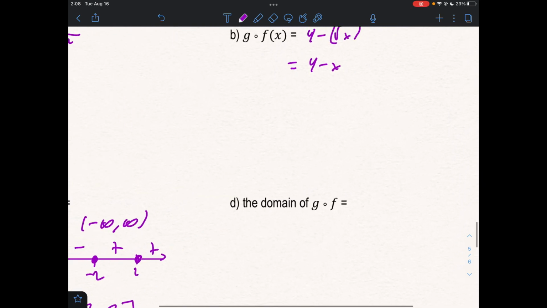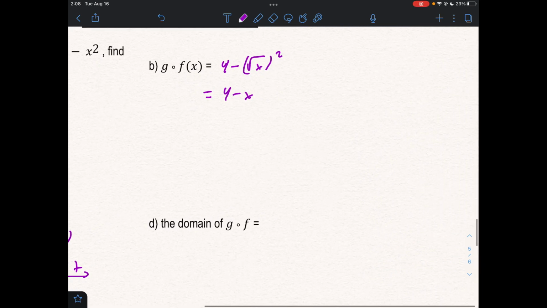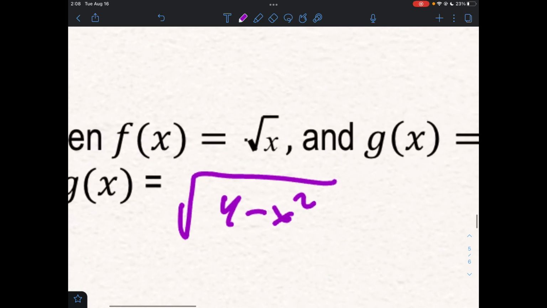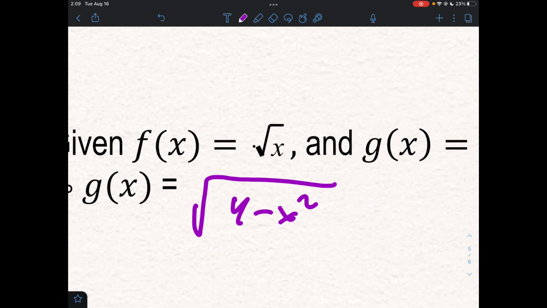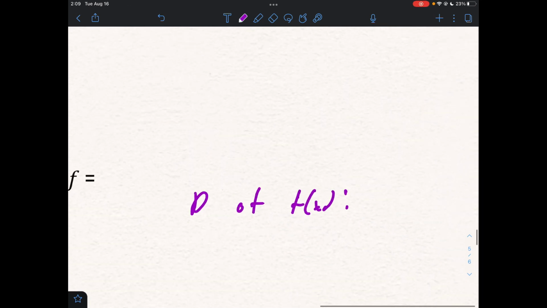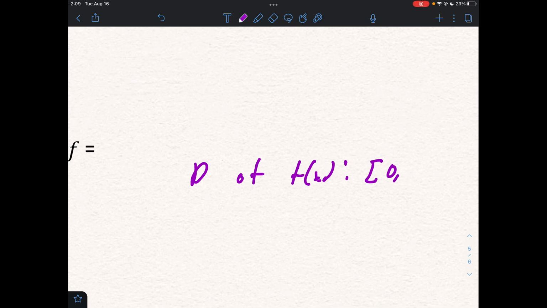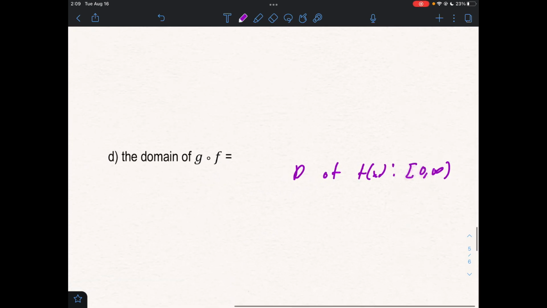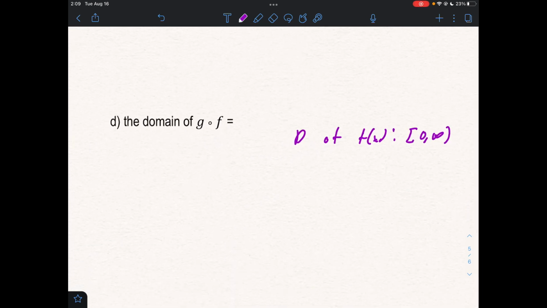Last one, domain of g of f. At first glance, you might think, oh, 4 minus x, that domain is all real numbers. But it's not, because the start you want to look at is the domain of f. And the domain of f is not all real numbers. It's 0 to infinity. That's the only numbers that get us back a real root.